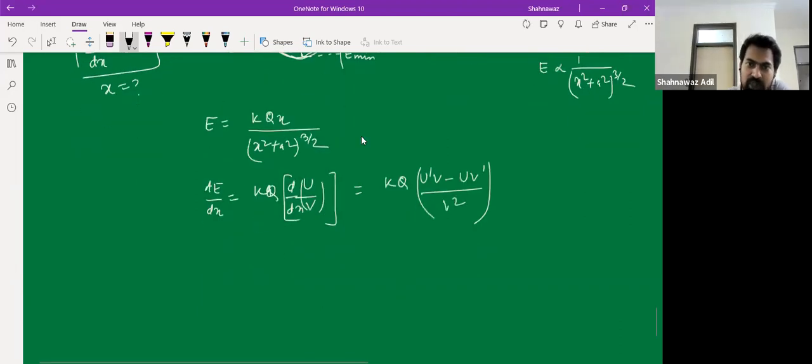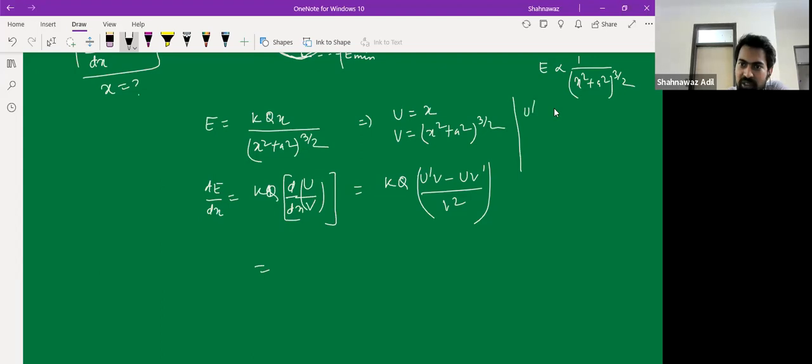So u is x, v is x square plus a square to the power 3 by 2. Let us also calculate u dash. So u dash is 1, v dash is 3 by 2, x square plus a square to the power 3 by 2 minus 1, which is half, and then into what?